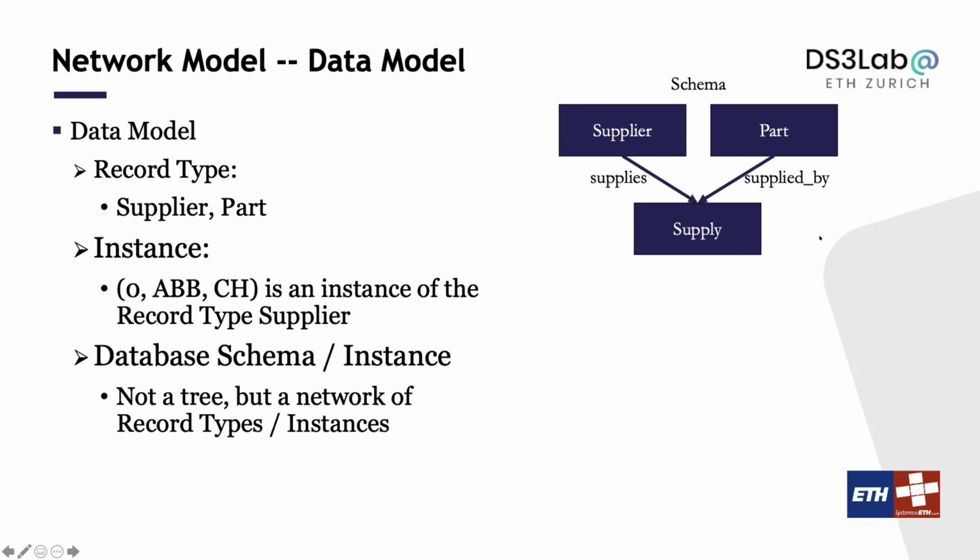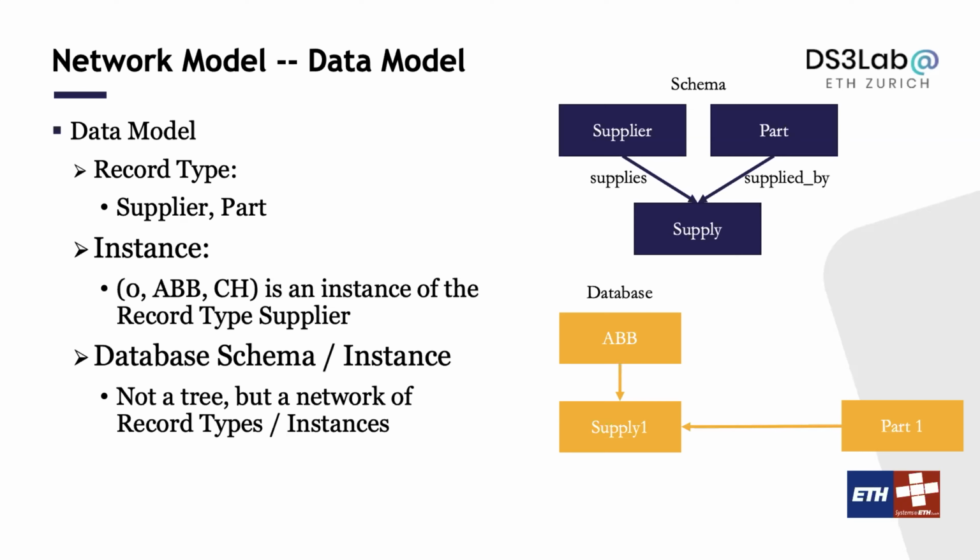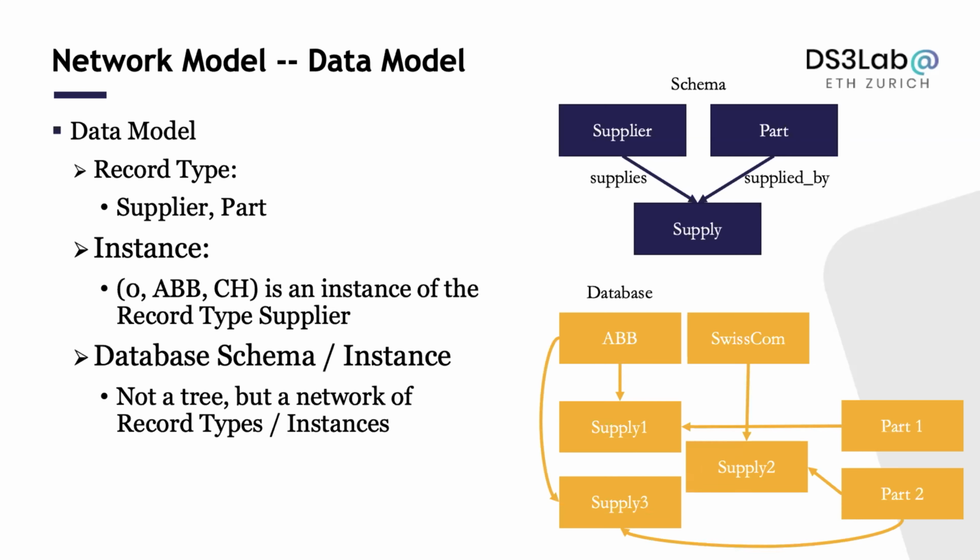You can think about this as a network over record types. And whenever I have a database, it becomes a network of all those instances. For example, I have a supplier ABB, I have part one, they participate in supply one, right? And then I could have a network like this. So this is my database.